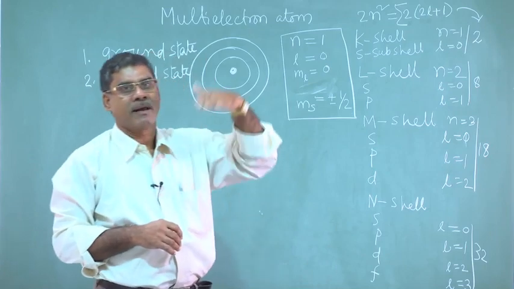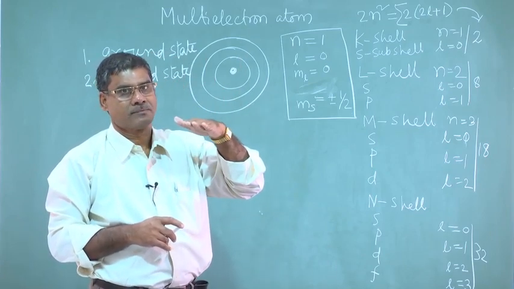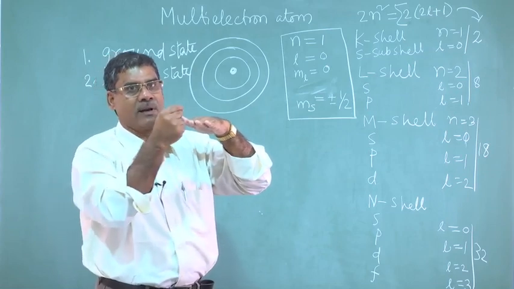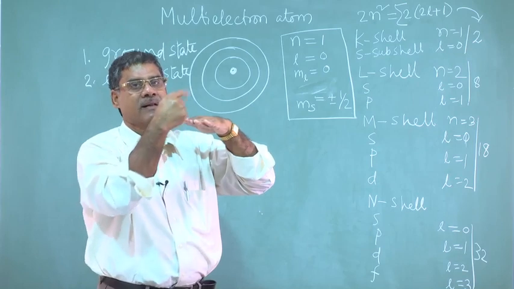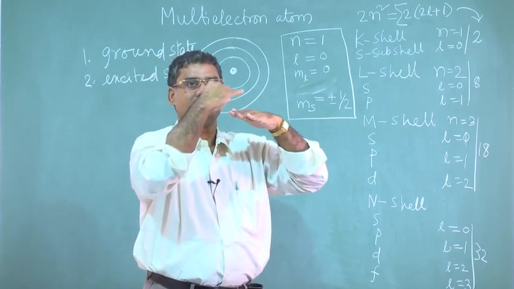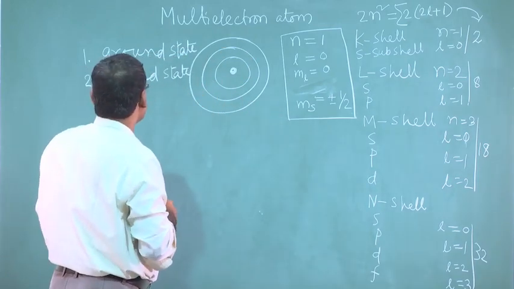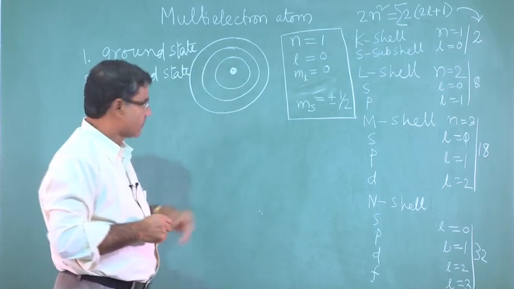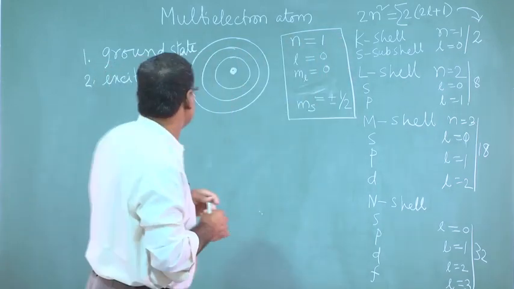If you go to higher n and higher L, or for a particular n, the lowest L will have the minimum energy and the highest L will have the higher energy. So as L increases, energy increases, and similarly for n also. That way one can tell which one is the ground state.